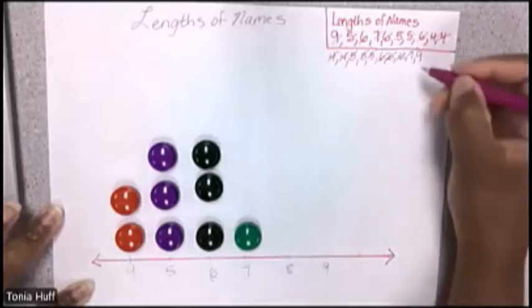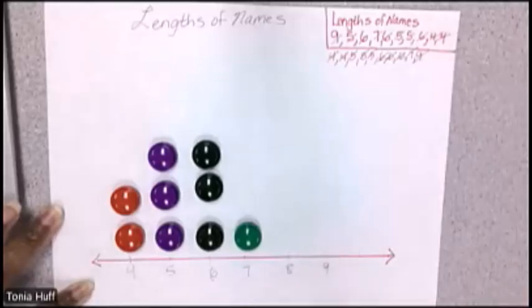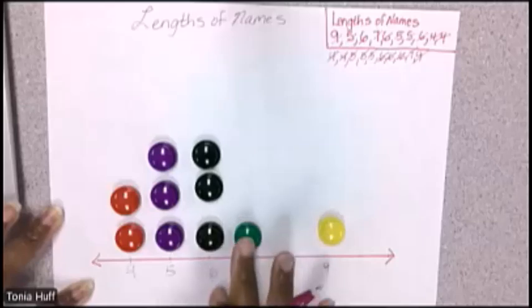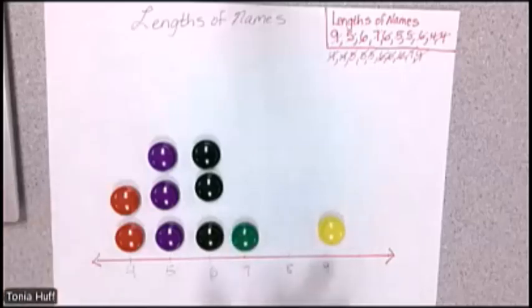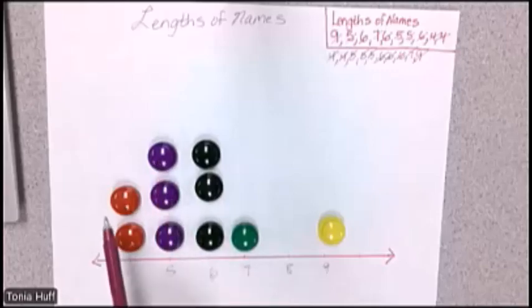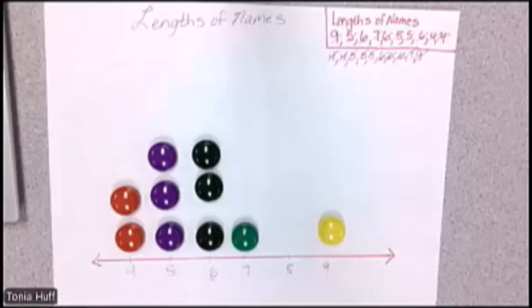Then I have a 9. So one person had 9 letters, one person had 7 letters. 3 people had 6 letters, 3 people had 5 letters, 2 people had 4 letters in their name. So in other words, for every data point, I have a counter on my line plot.